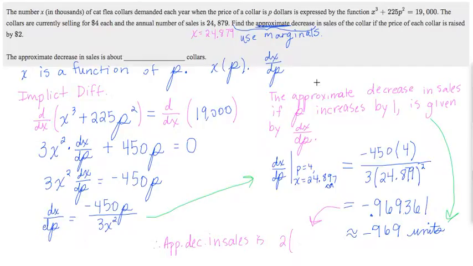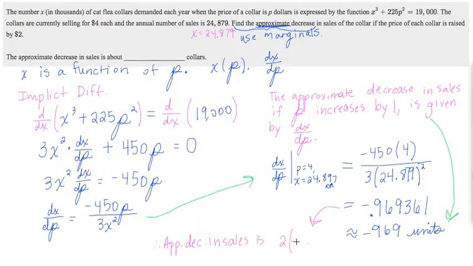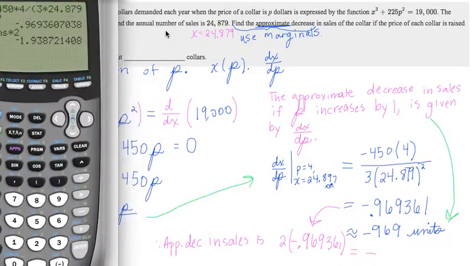Let's go back over to my calculator. Put times 2. So we get negative 1.9387.